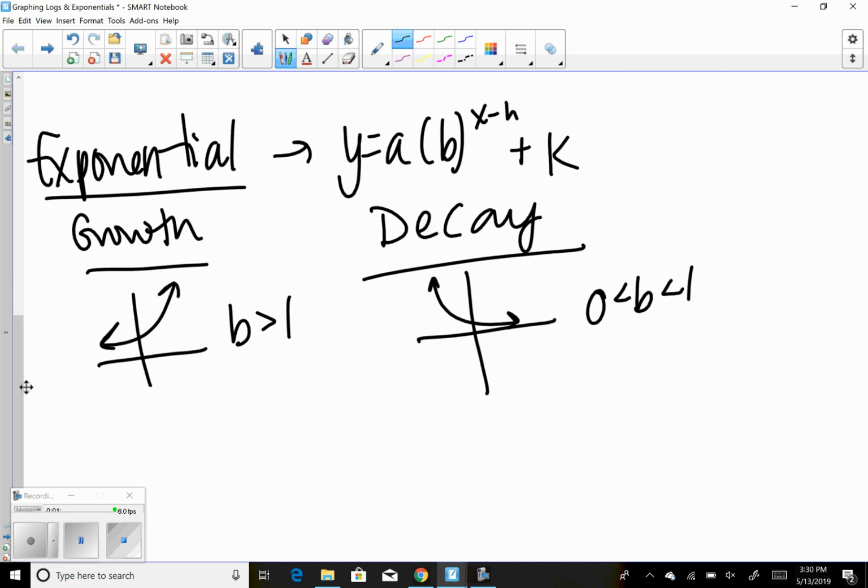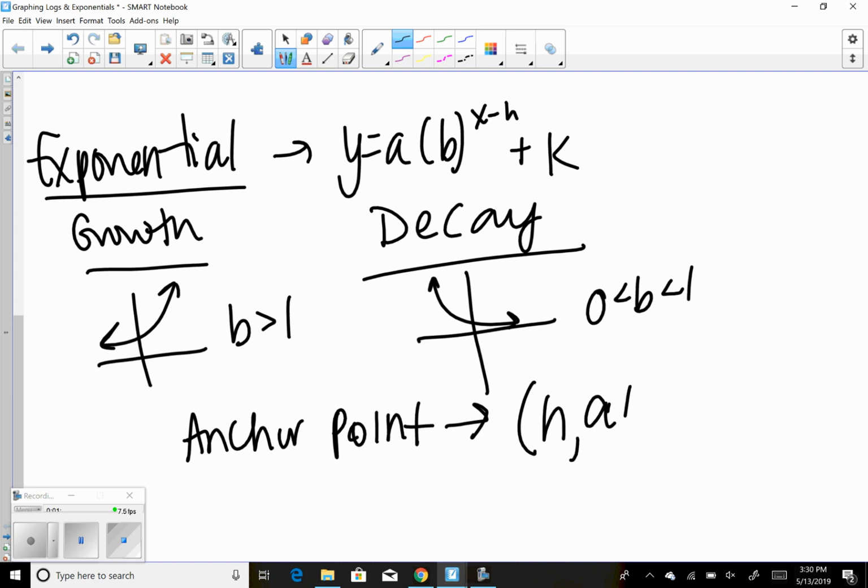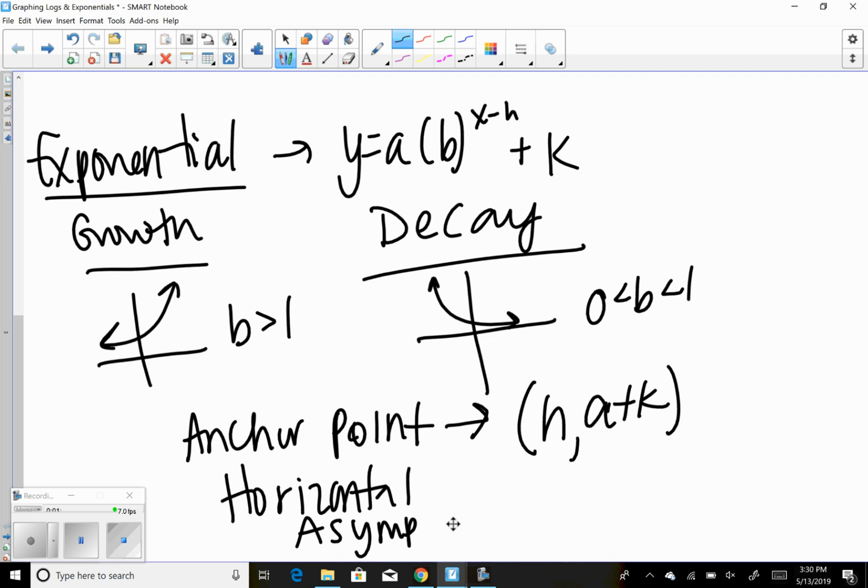So remember, defining characteristics. The anchor point for exponentials is going to be found using h, a plus k, and these have horizontal asymptotes at y equals k.